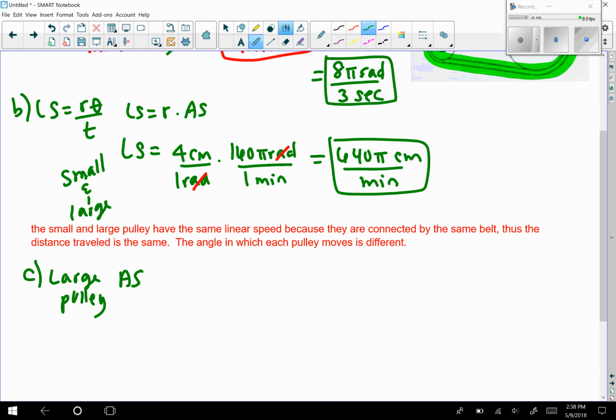So recall that the angular speed, we have to figure out what it's equal to. We know it's the angle versus time. So we can also use the fact that we know the linear speed equals the radius times the angular speed. So really, if I do the linear speed divided by the radius, that'll give me my angular speed. So angular speed equals the linear speed divided by the radius.